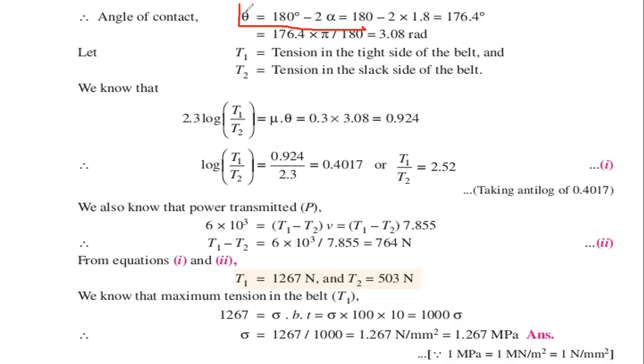By substituting alpha as 1.8 degrees, we got the value as 176.4 degrees.